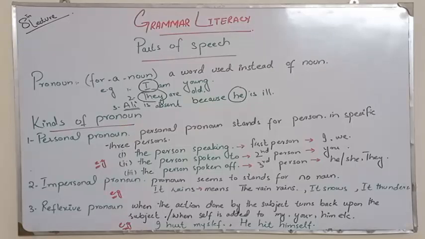He and himself are the same person, and the action is going to turn back towards the person we are talking about. So the action done by the subject turning back to the subject is the definition. I think things are more and more clear. You can ask questions in the comment box. Let's go with the next definition.